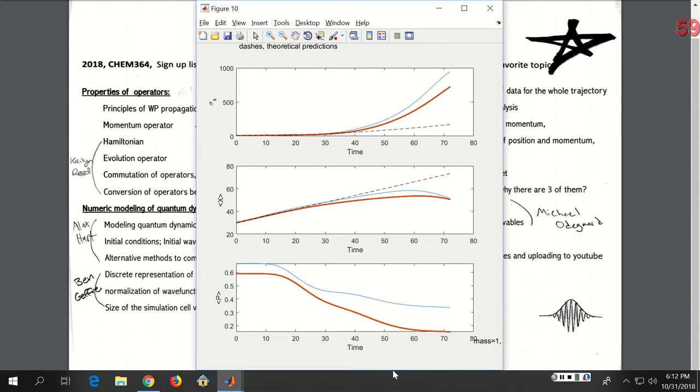This line is not shown for expectation value of momentum because momentum will be conserved if there is no potential. It will be just a straight line here. And for position, it is the same slope growth, and for uncertainty, it will be square of time.